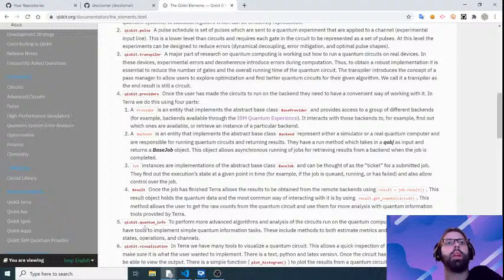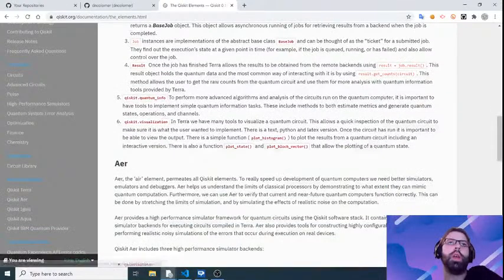Oh, but wait a second. Qiskit quantum info. To perform more advanced algorithms and analysis of the circuits run on the quantum computer, it is important to have tools to implement simple quantum information tasks, physical methods to both estimate metrics and generate quantum states, operations, and channels. Maybe I'll dive into this quantum info.